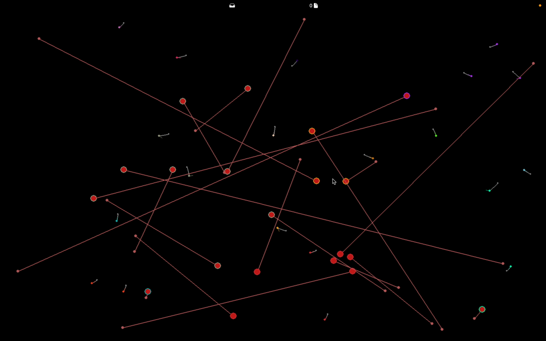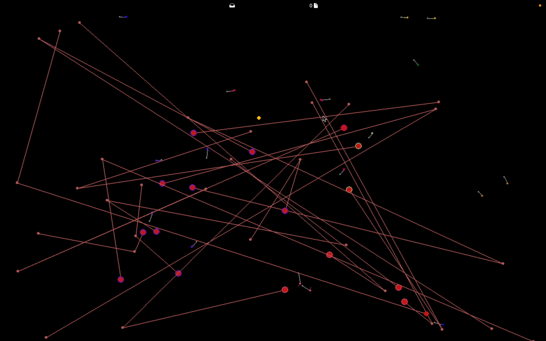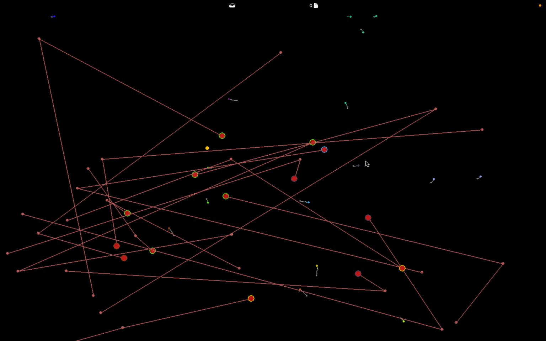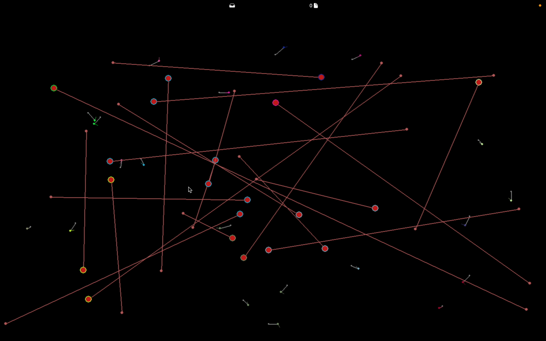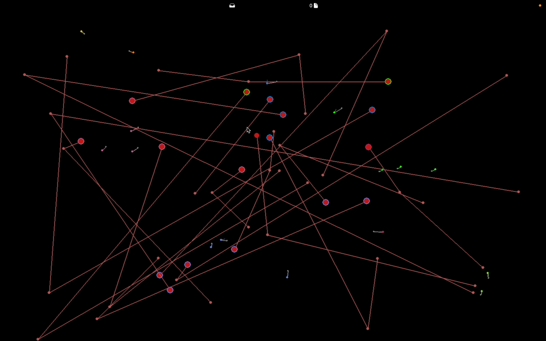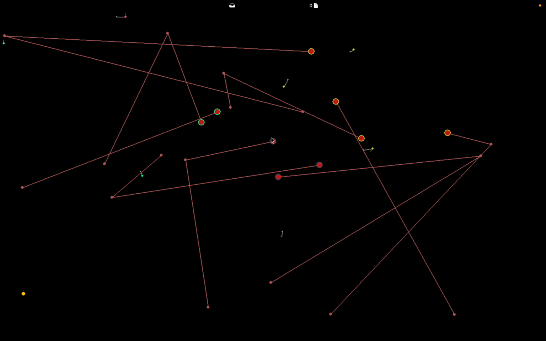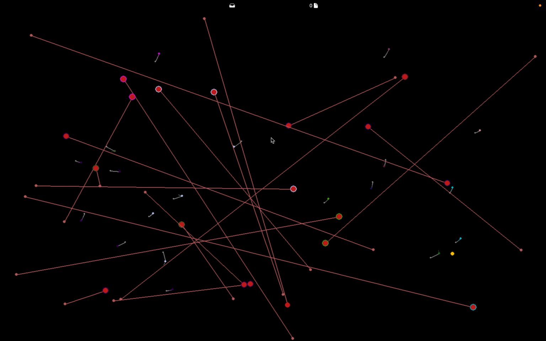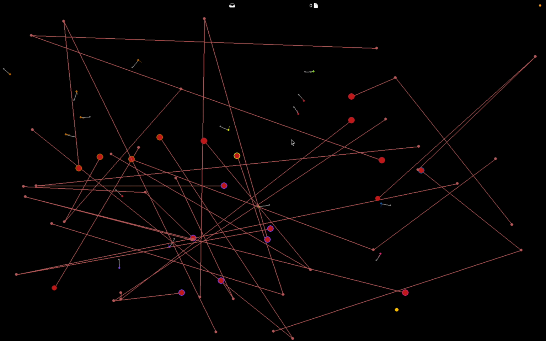Additionally, our friendlies are multicolored depending on the mesh that they're a part of, and the enemies have these red lines, which are the waypoints they're going to. The friendlies have these little white lines, which are the waypoints that their policy networks are outputting. And then they will sometimes have green lines, which is just epsilon greedy exploration.